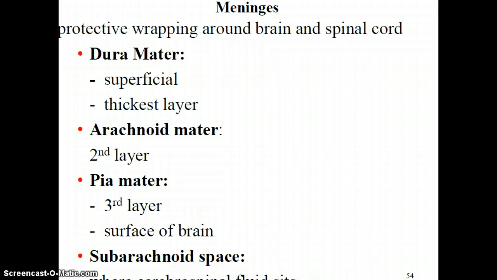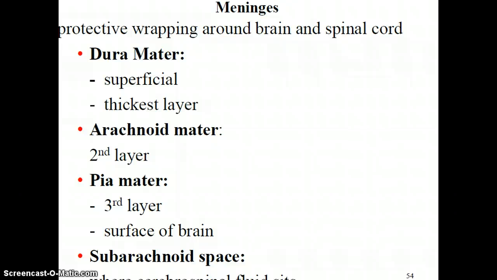The coverings of the central nervous system, of the brain and spinal cord, are the meninges, consisting of the dura mater, which is the most superficial and thickest layer, the arachnoid. An arachnid is a spider, so the tissue actually looks kind of spidery and fibrous. You'll see a diagram in just a moment.